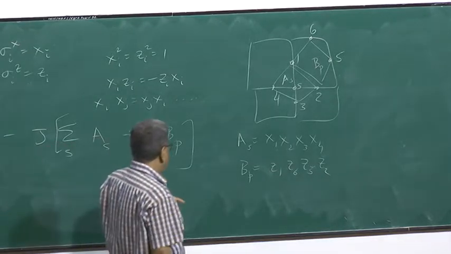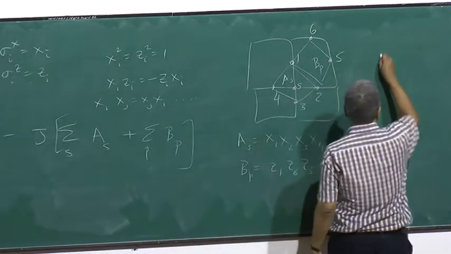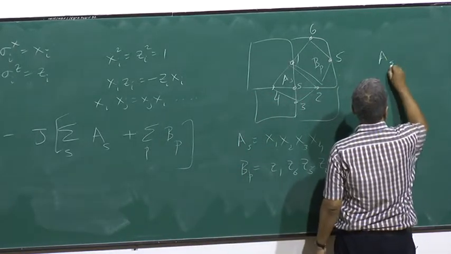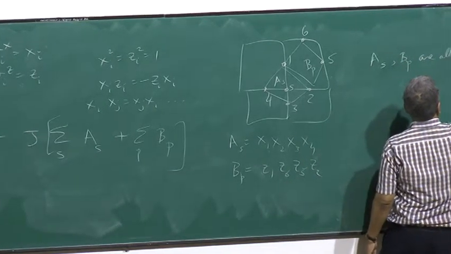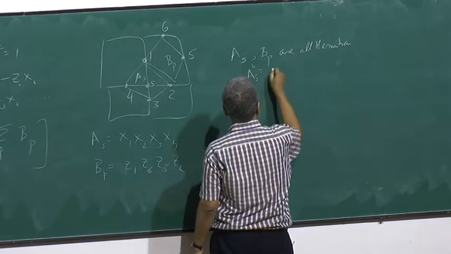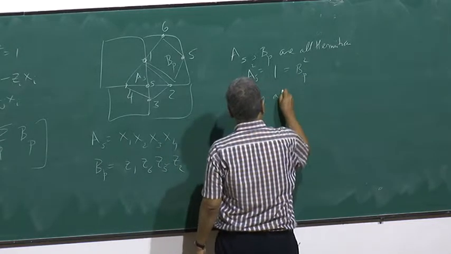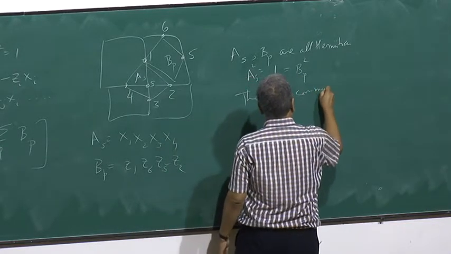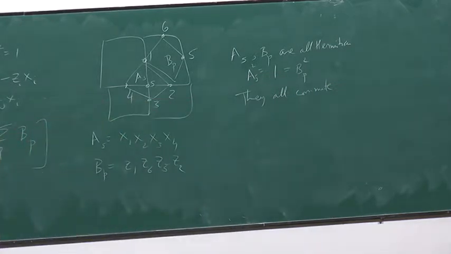As I said earlier, all these A_S and B_P are Hermitian, and the square is 1. And they all commute. So A's commute with A's, B's commute with B's, and A's and B's also commute.